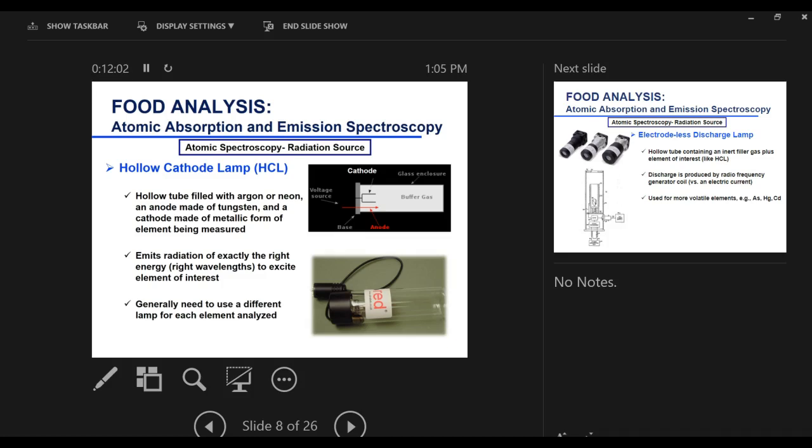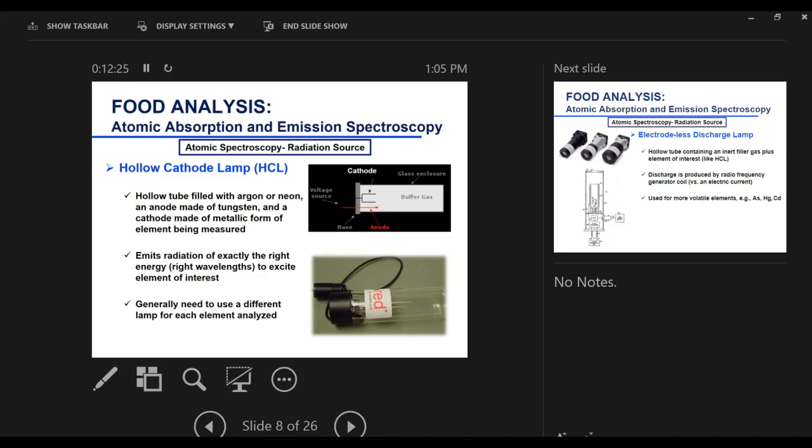So that lamp basically is filled with an inert gas, argon mostly, or it can be filled with neon. And you have an anode and you have a cathode. The anode is made up of tungsten, so this would give you the electrical energy.